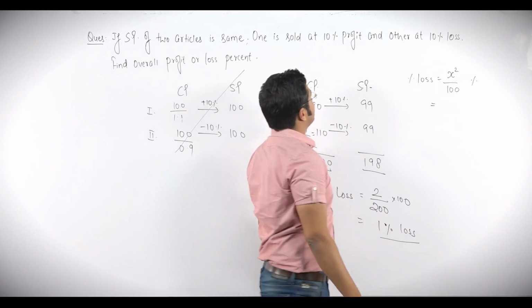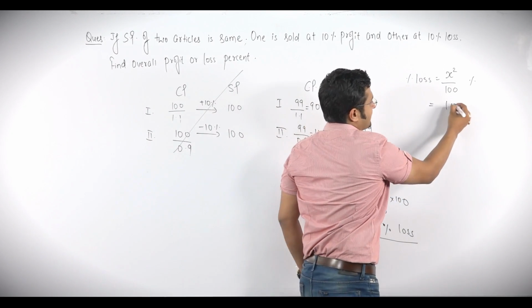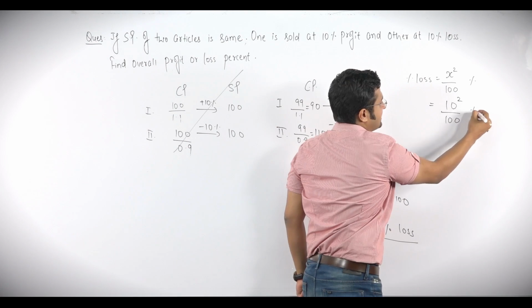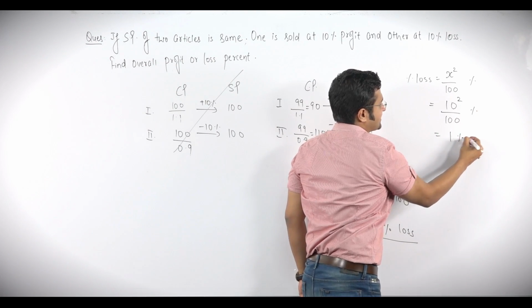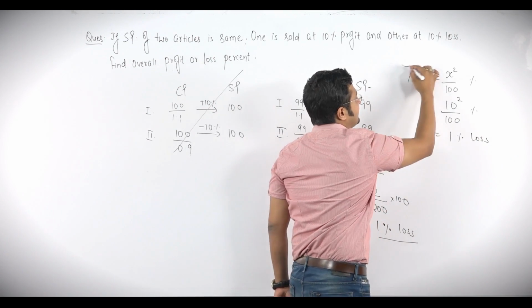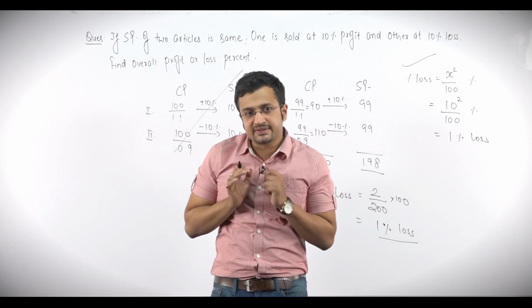What is the value of X here? X is 10. 10 square means 100 by 100, so we can say 1% loss. So you can directly apply the formula in this case.